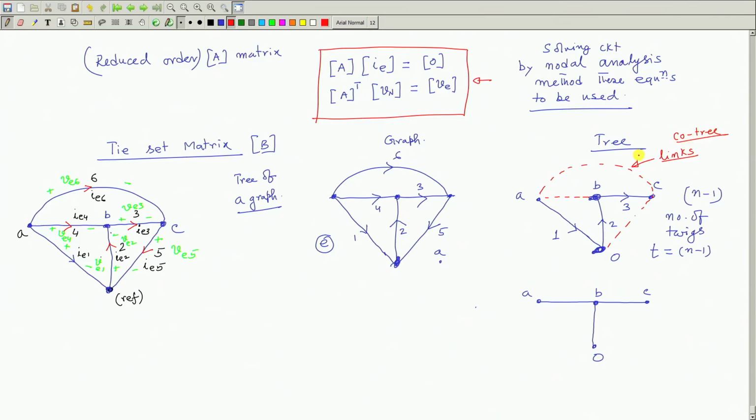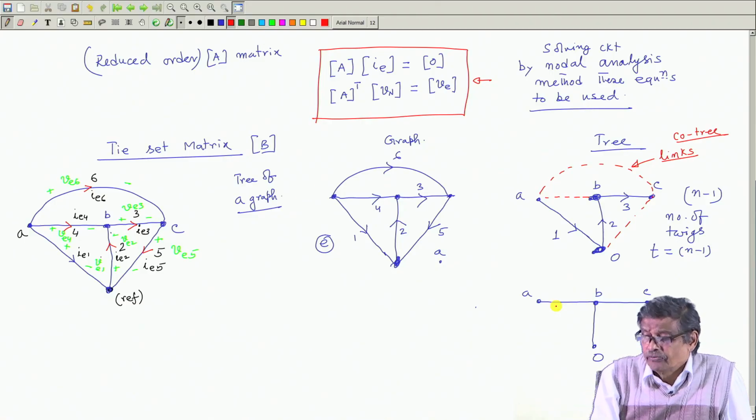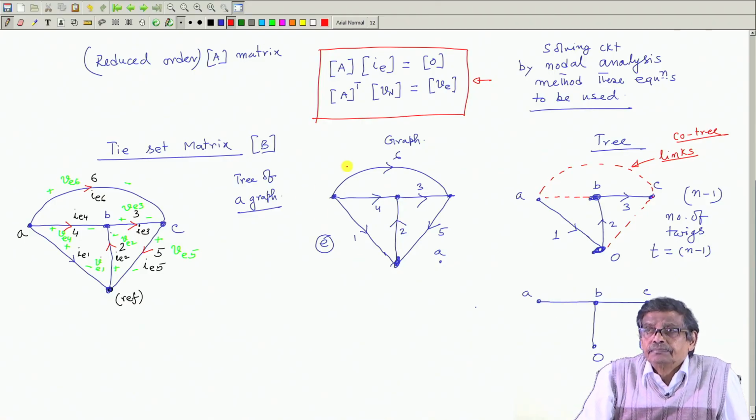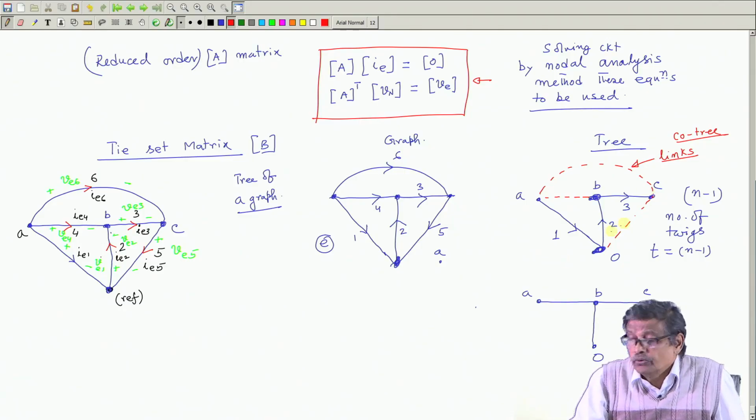These are some definitions with which you will be very familiar soon after you practice a little bit. The graph was the full thing, the directed graph, with all the elements shown. Now, a tree is a collection of these edges showing all the nodes in such a way that they do not form a loop, that is the blue one only.